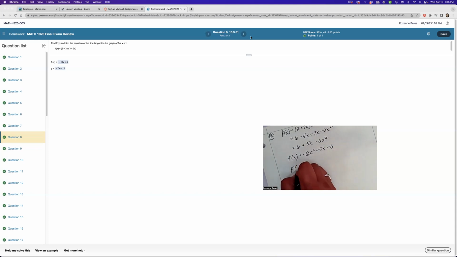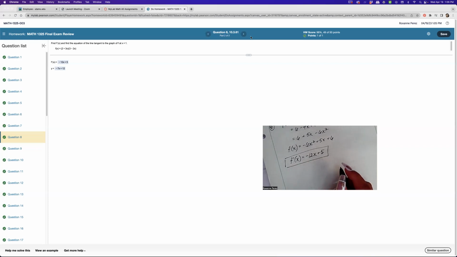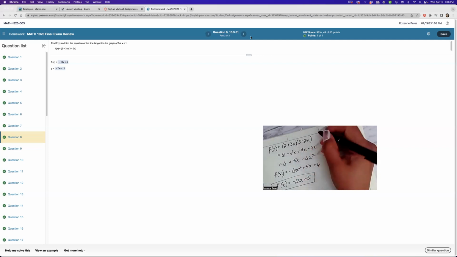Now let's take our first derivative. That's going to be negative 12x plus 5. Okay, so this is the first piece of information that we're being asked for, find the f prime or first derivative. Okay, so now let's come back to this and evaluate at x equals 1.